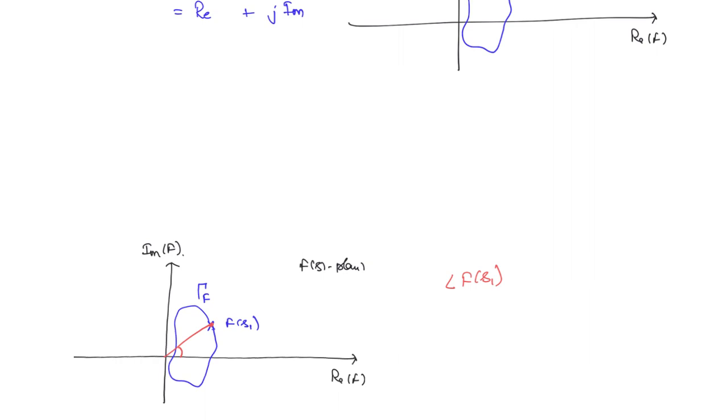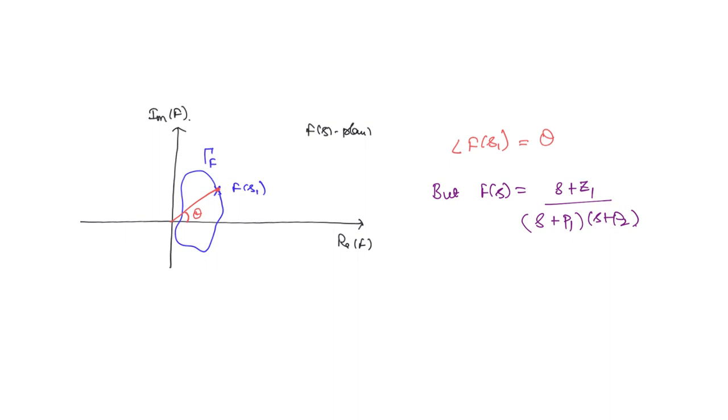And what will be the phase? The phase will be the angle made by this line with the x-axis. So this is angle f of s1, we will call it theta. But we know that the function f of s is given by s plus z1 divided by s plus p1 into s plus p2, right?